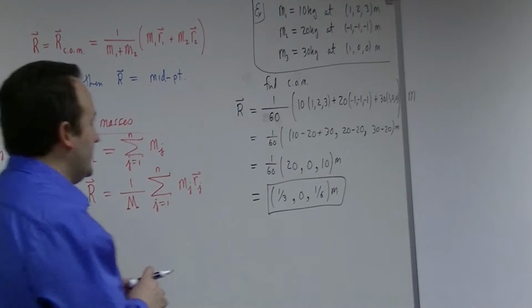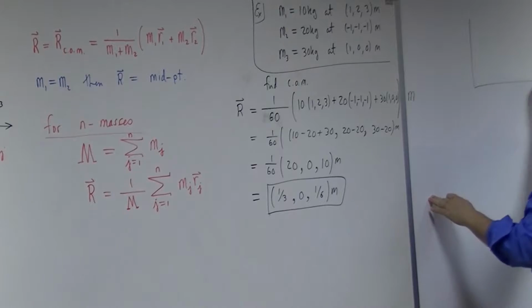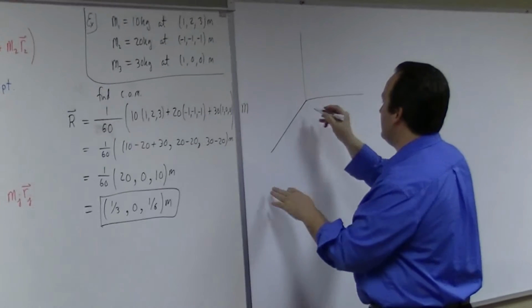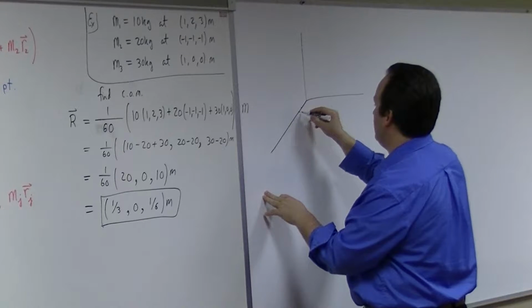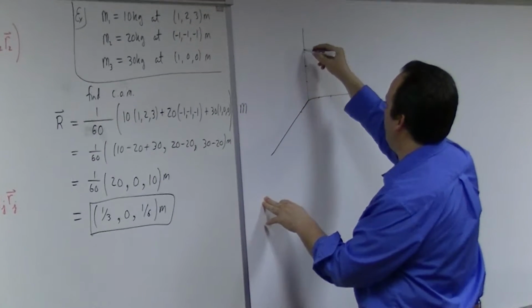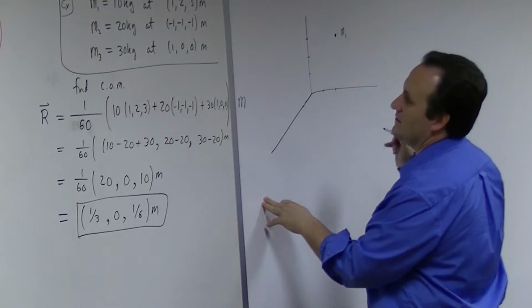Now, if I was so foolish as to attempt a graph, I will foolishly attempt that now. This will always go badly for me. (1, 2, 3) is where? Roughly speaking, here is my M1.